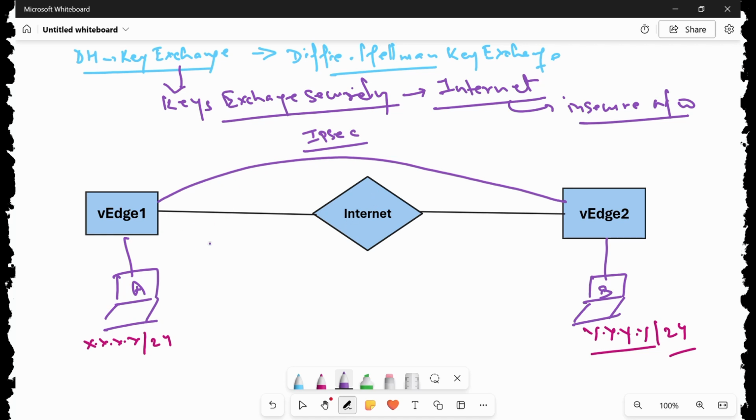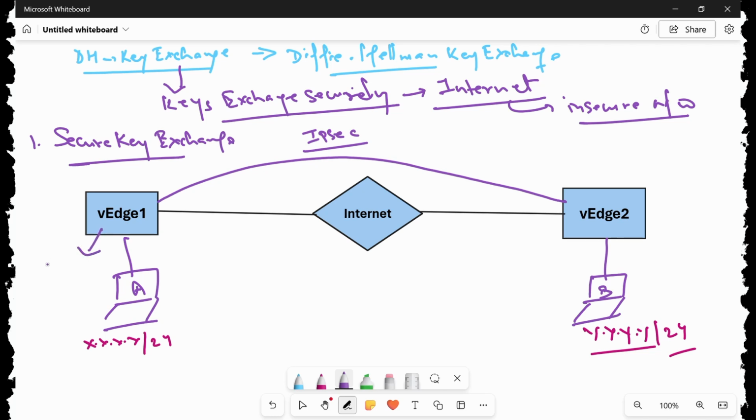So the first thing is a secure key exchange. Secure key exchange means Diffie-Hellman is used to generate a shared secret key between vEdge routers. This shared key is then used to encrypt and decrypt the data.